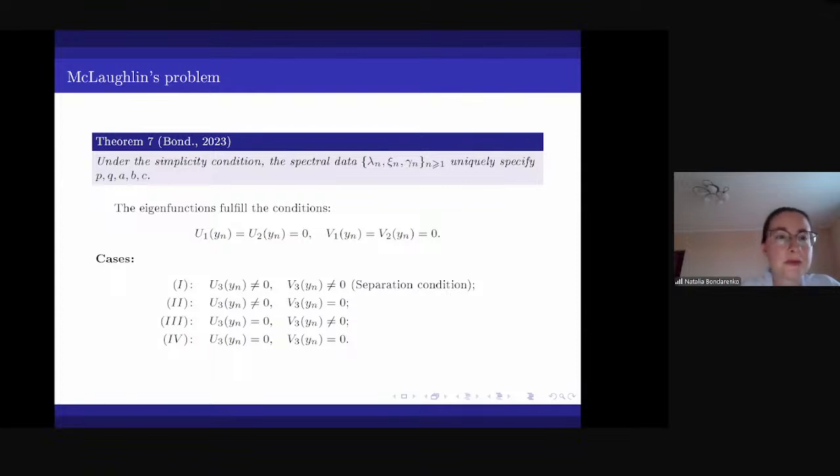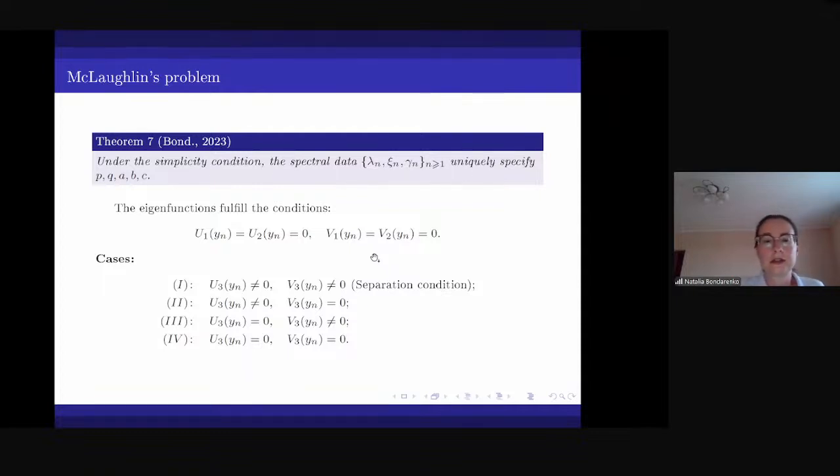For McLaughlin's problem, the following theorem can be obtained: under the simplicity condition, McLaughlin's spectral data uniquely specify the coefficients of the problem. Let me briefly describe the proof of this theorem. Recall that the eigenfunctions y_n fulfill these boundary conditions with the linear forms u1, u2, and v1, v2.